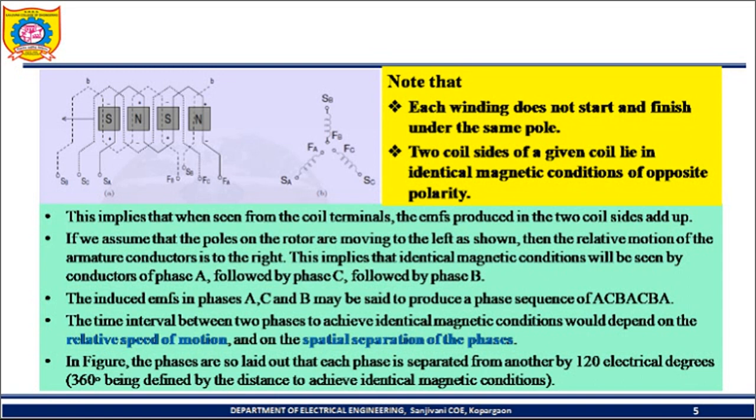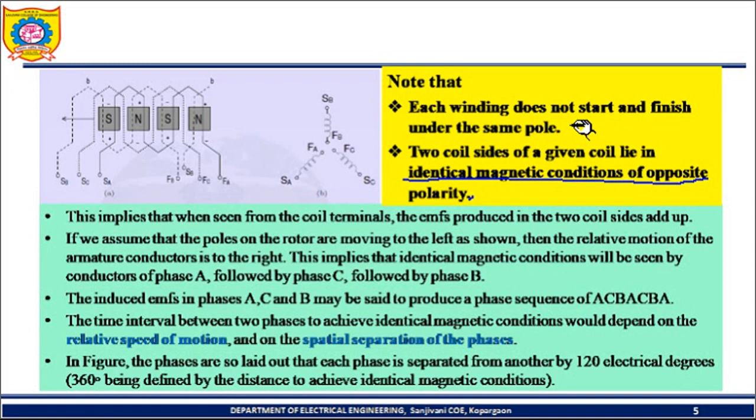Two coil sides of a given coil lie in identical magnetic condition of opposite polarity. Again, this is important: identical magnetic condition of opposite polarity. These two things are important when you make the winding.